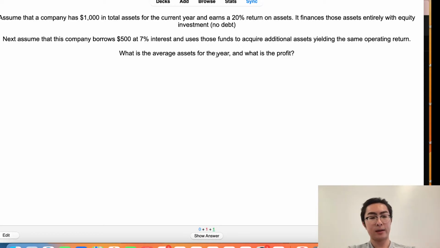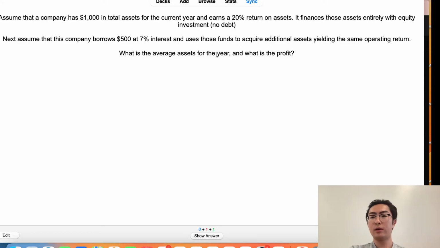So 1/2, and then the spread is about 13%. 13 times 1/2 is 6.5%.